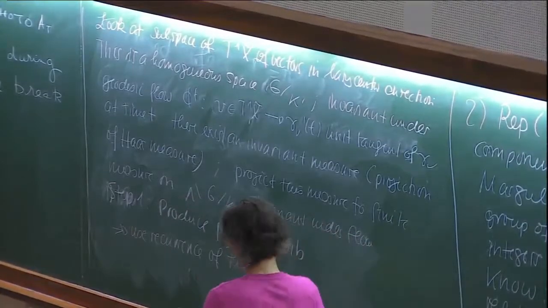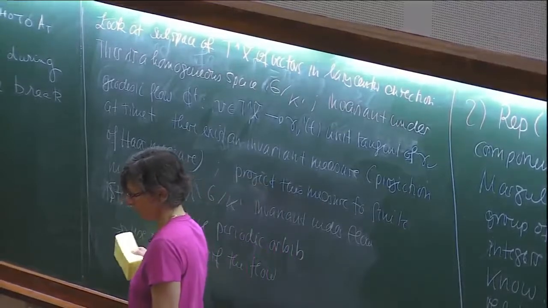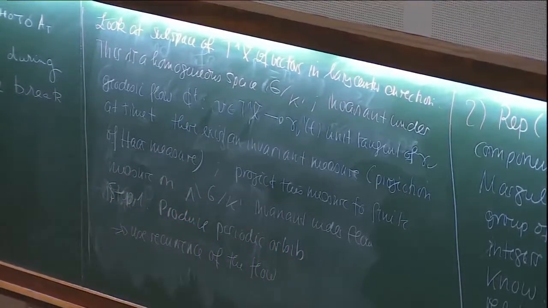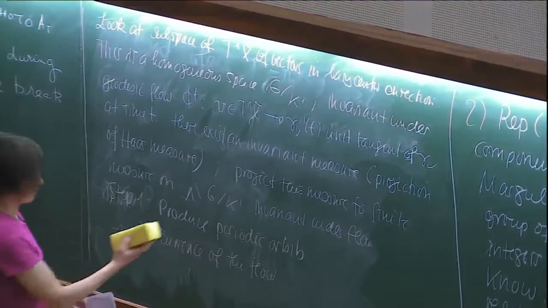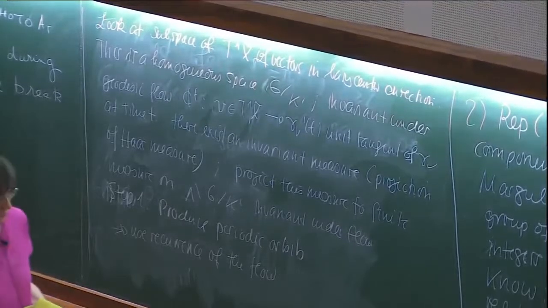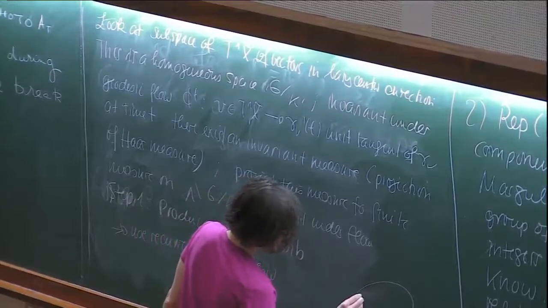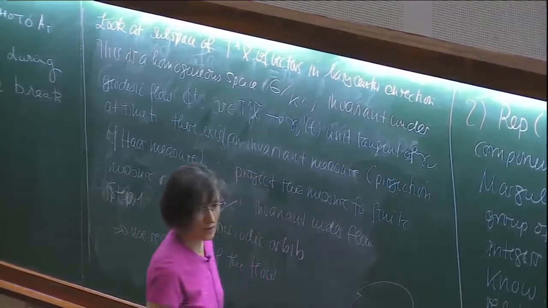I don't have time to explain exactly what you need. You need a certain proximality statement about elements in this Lie group G, which I'm not going to explain. The idea is roughly the following. If you have an orbit that comes very close to itself, then you close it up.